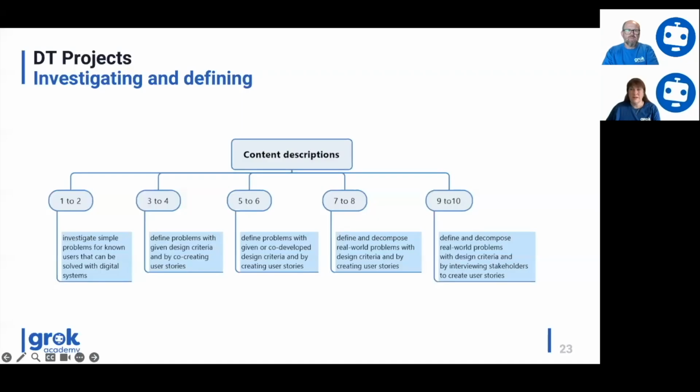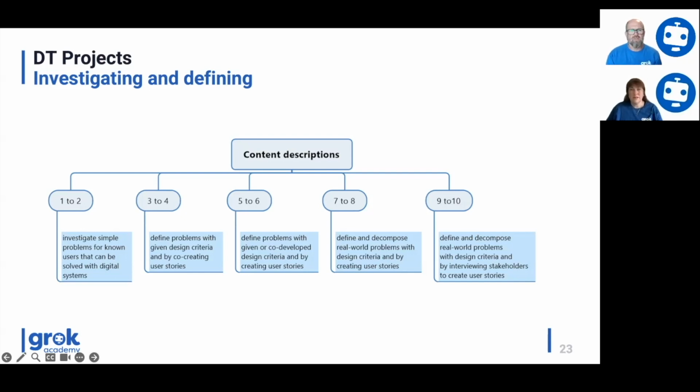So let's now take a look at the first of the sub-strands that deals with the project ideas and project management ideas for students. Having a look at investigating and defining, there's the sequence of content descriptions across the year levels. Again, it's always worth looking before and after where you're teaching.